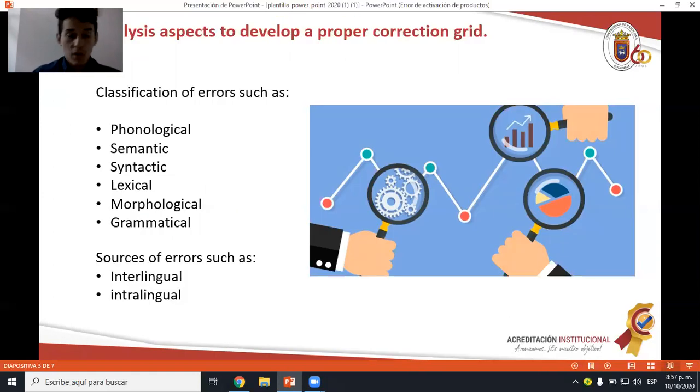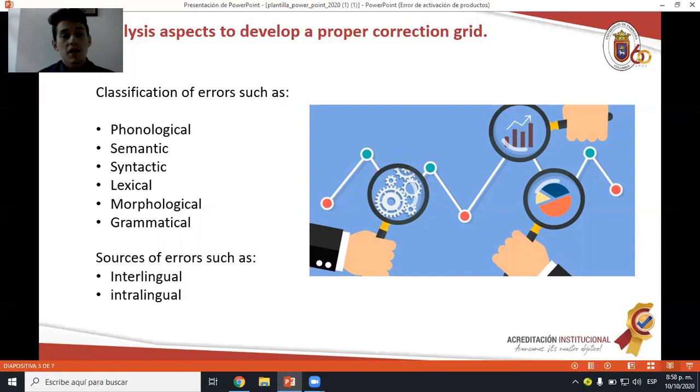The morphological ones are related to knowledge that they already have, but they tend to keep committing the same mistakes during the process of speaking or writing. The grammatical ones are those rules of structure that they need to follow in order to be specific when talking, making a sentence, or even writing.